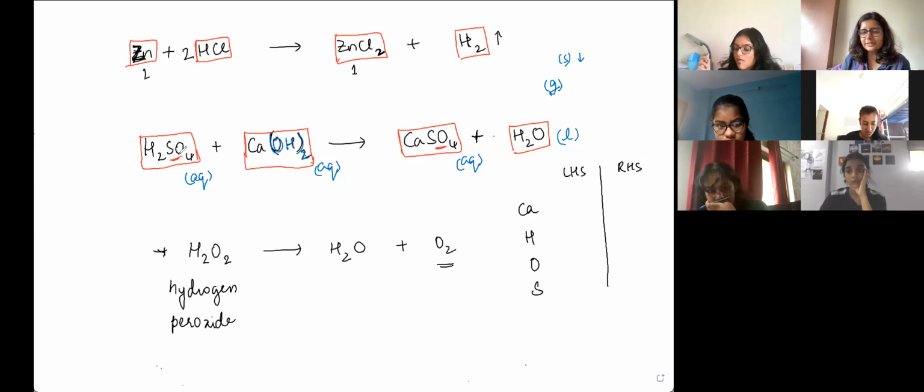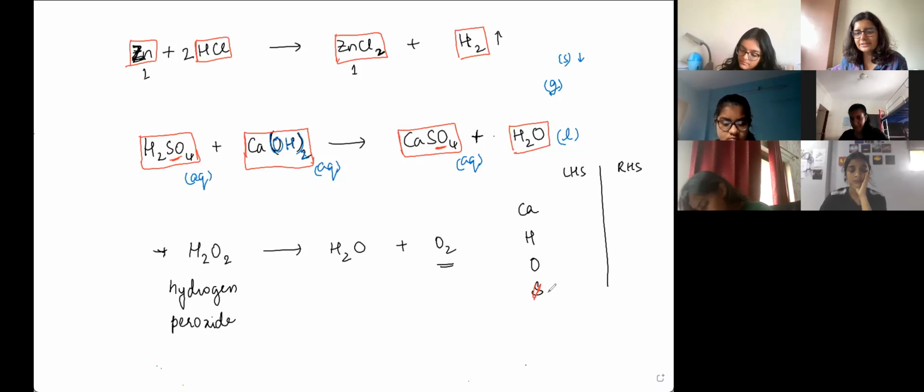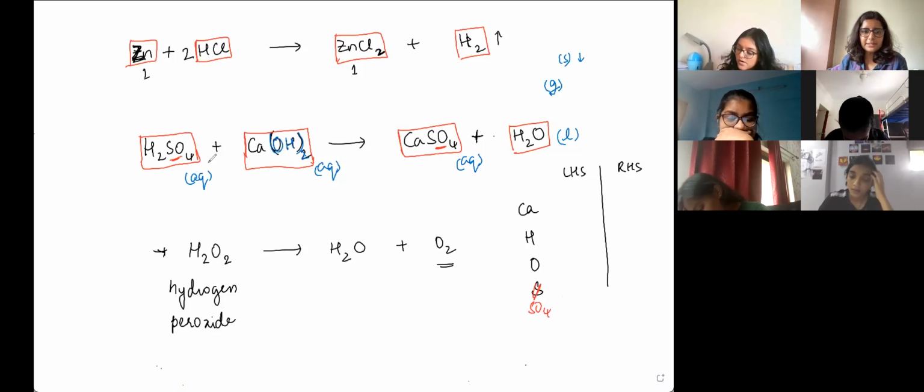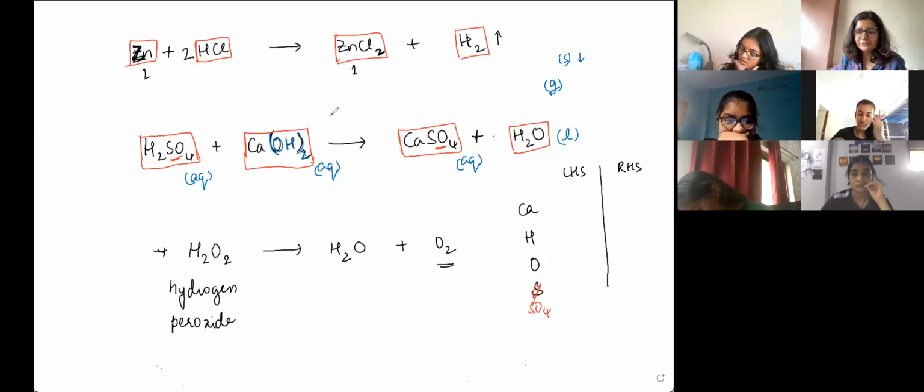So instead of trying to divide it as sulfur and oxygen, let's treat sulfate as a unit, because it has not broken apart at all from LHS to RHS. Now let's start with metals, calcium, because that is the easiest. Keep hydrogen and oxygen at the very end, because again multiple of them come up. So balance the rest of it first, then come to hydrogen and oxygen in the end. Calcium: there's one, so you don't have to disturb this at all.